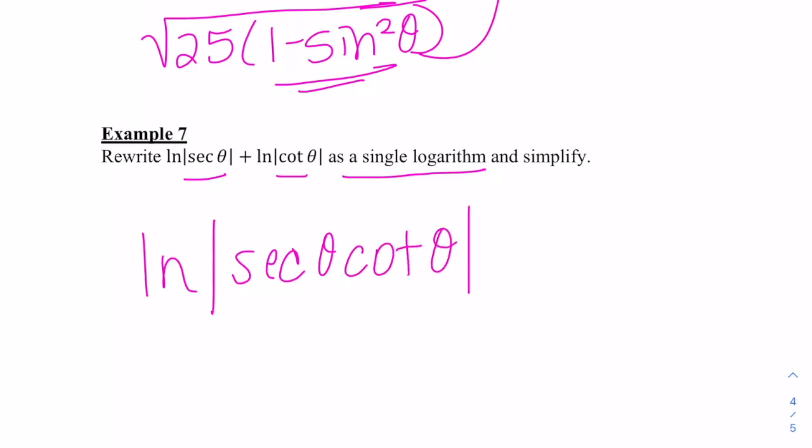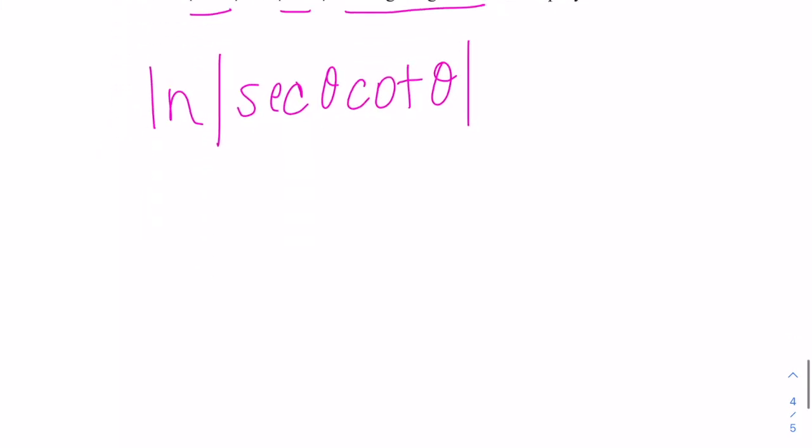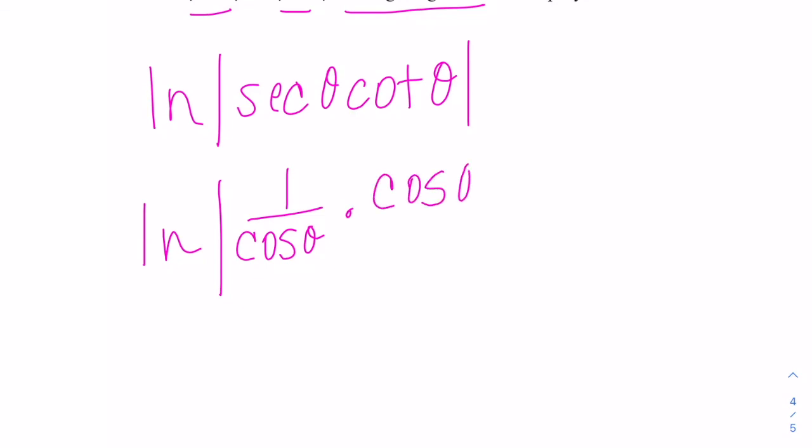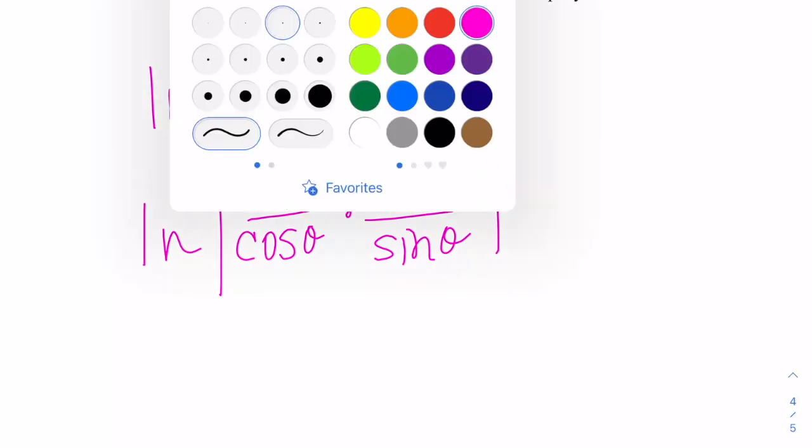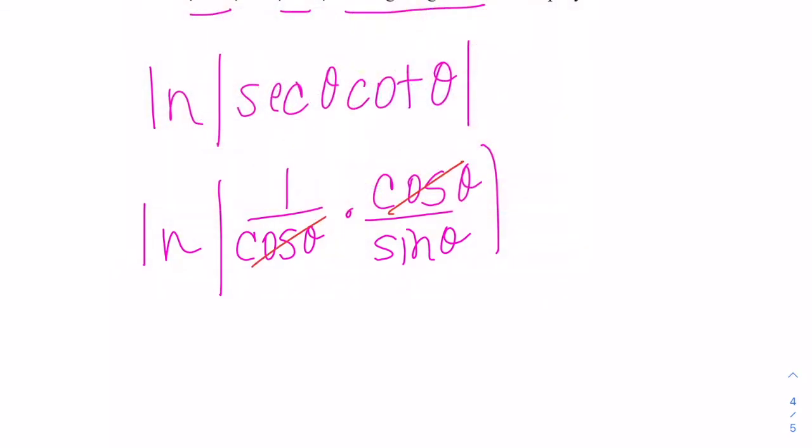Well, that's definitely a good expression, but it's not simplified into one trigonometric function, which we always want to try to do. So what I'm going to do is rewrite secant as 1 over cosine, and then cotangent is cosine over sine. And you can see right away that these cosines will cancel, and we'll be left with 1 over sine.